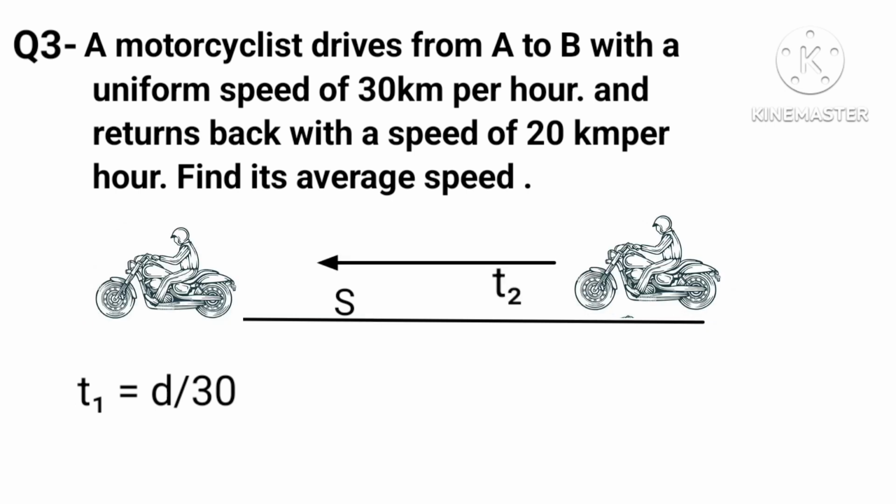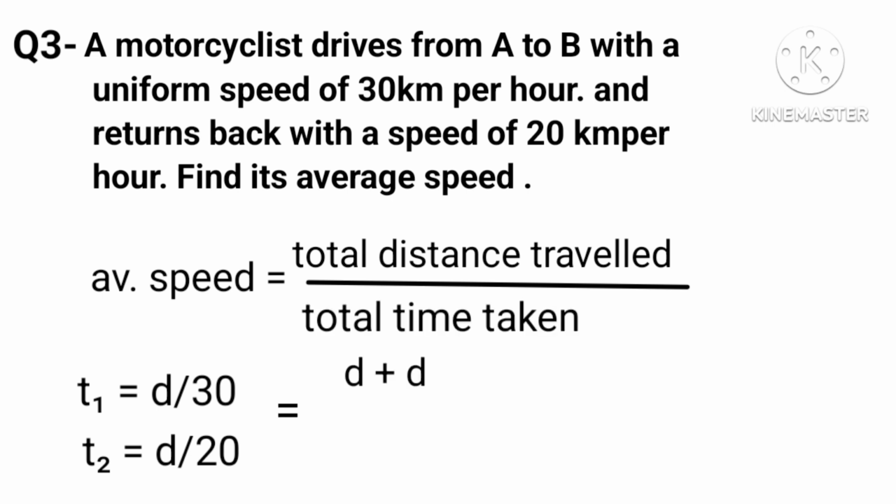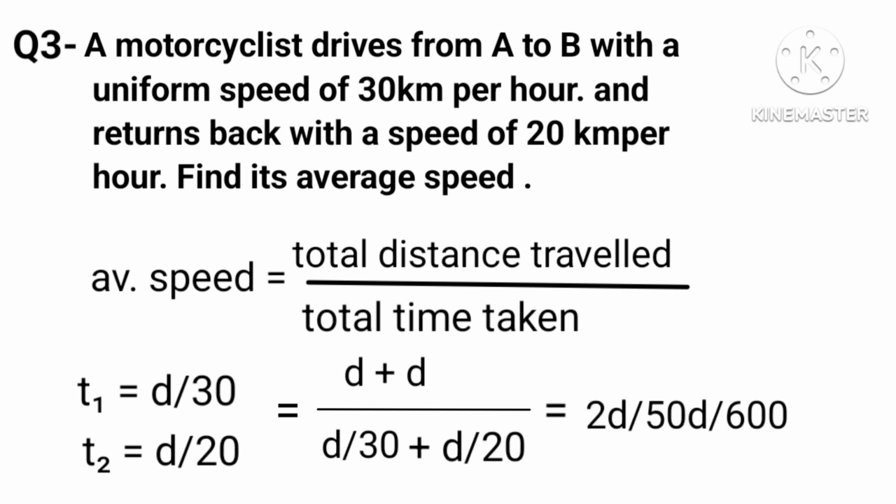Speed is 20 km per hour, therefore t2 equals d upon 20. Average speed equals total distance traveled upon total time taken, equal to d plus d upon d upon 30 plus d upon 20, equal to 2d upon 50d upon 600, equal to 1200 upon 50. And finally the answer is 24 km per hour.